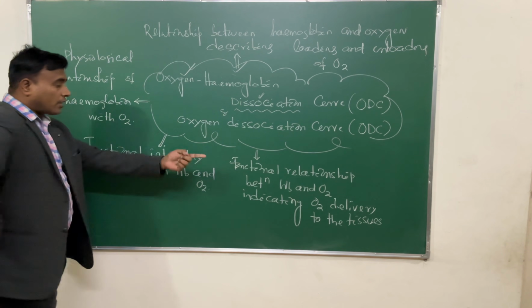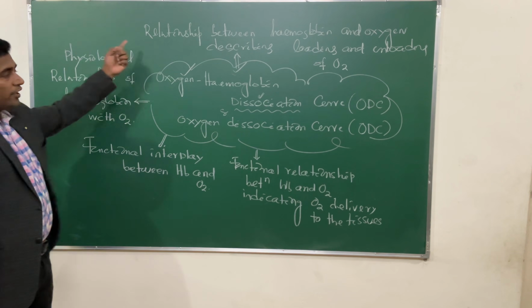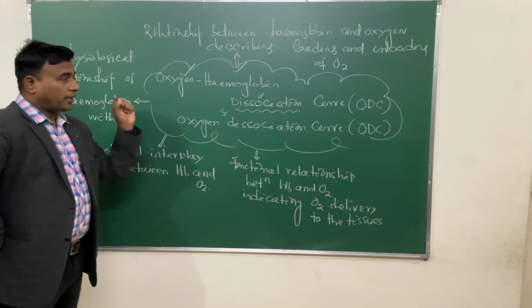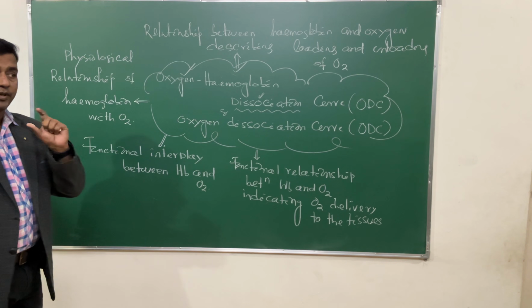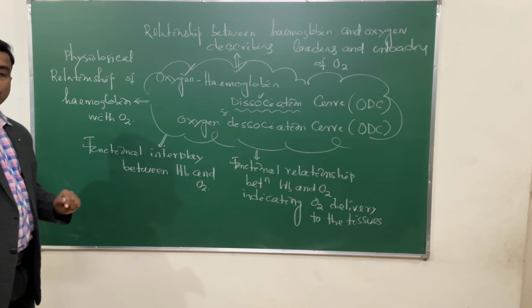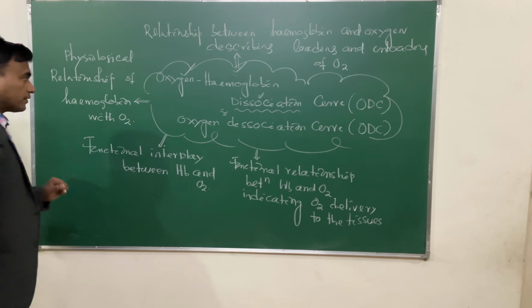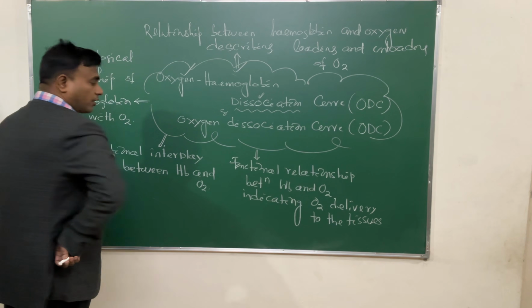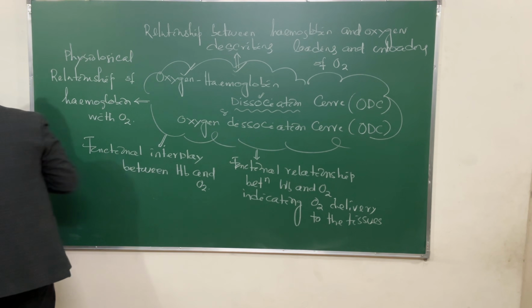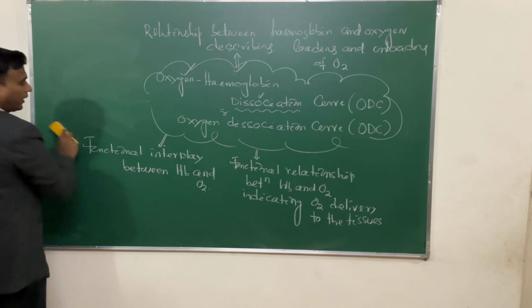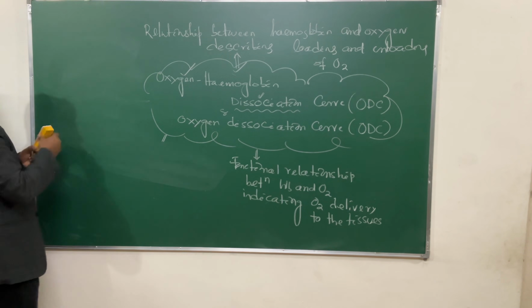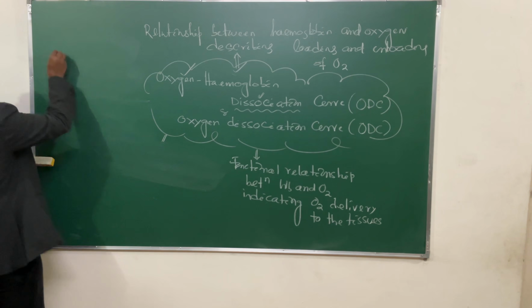So these are the definitions suggested, but there is also a technical, or rather scientific, definition of the oxygen dissociation curve. Here is another definition which is a little more scientific, more relevant and more pinpointed towards the concept.